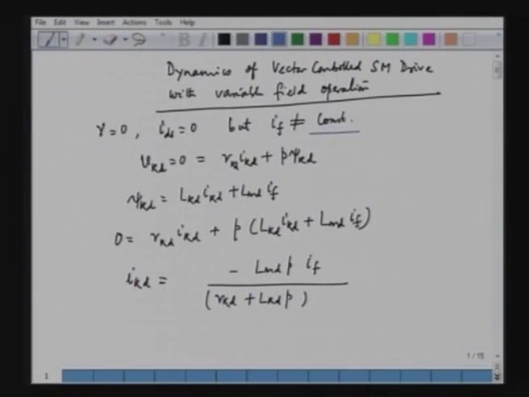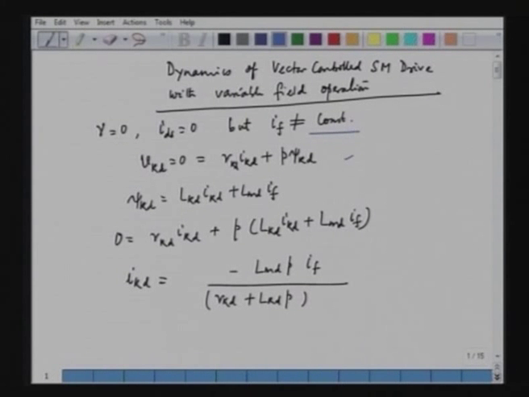Due to the change of the field current in the d axis, we will have a damper current in the d axis, and the damper current can be evaluated in the following way. We have the damper equation here, Vkd equal to 0, Rkd into Ikd plus P psi kd, and psi kd is the total flux linkage in the d axis damper winding, which is given as Lkd Ikd plus Lmd into If.